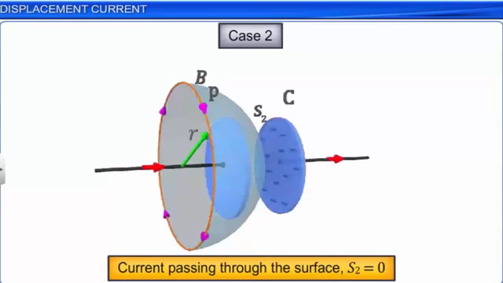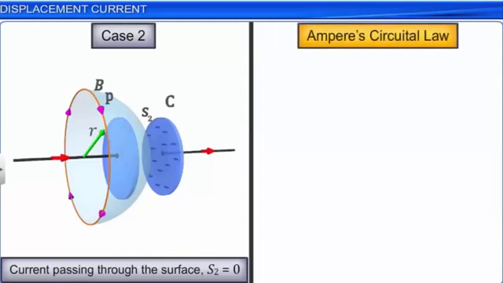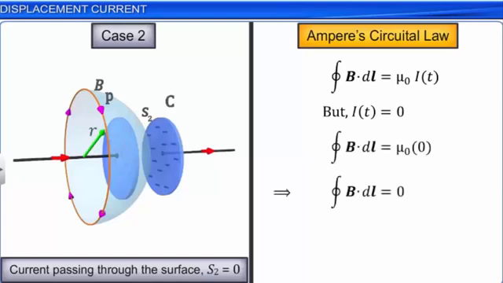From Ampere's circuital law, the integral over the closed loop of B dot dl is equal to mu naught I(t). Since the current enclosed by the surface S2 is 0, the integral over the closed loop of B dot dl is equal to 0. Hence, the magnitude of the magnetic field at point P on the surface S2 is equal to 0.